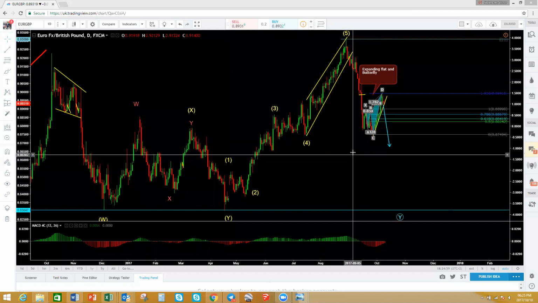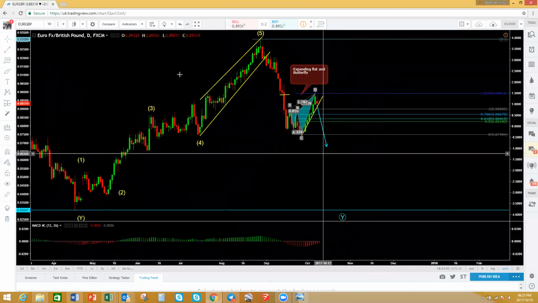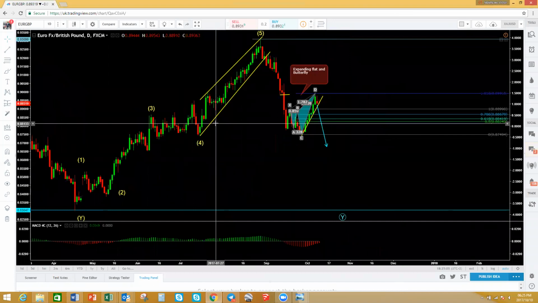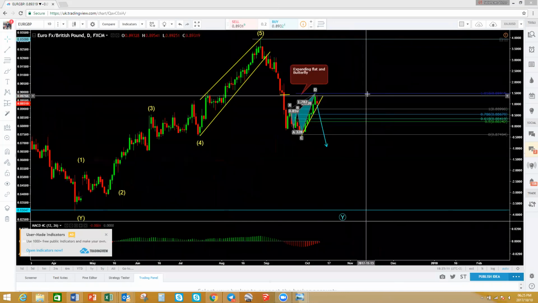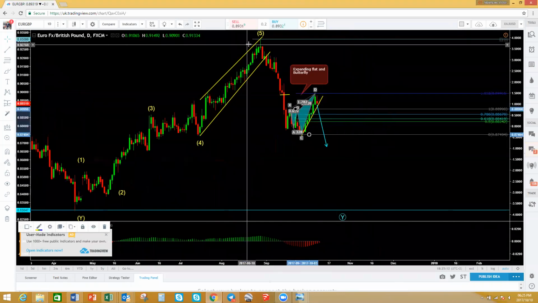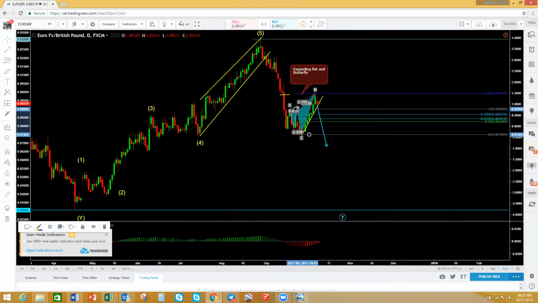All right. So this is Euro Pound, which we took right at the top there. We took Euro right at the top.